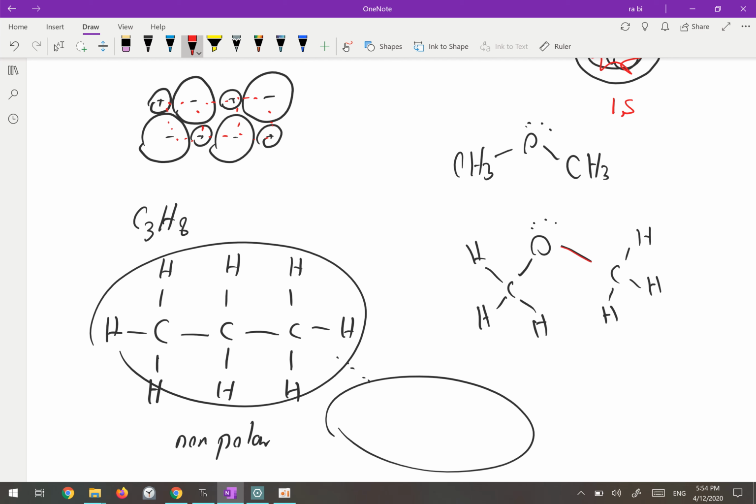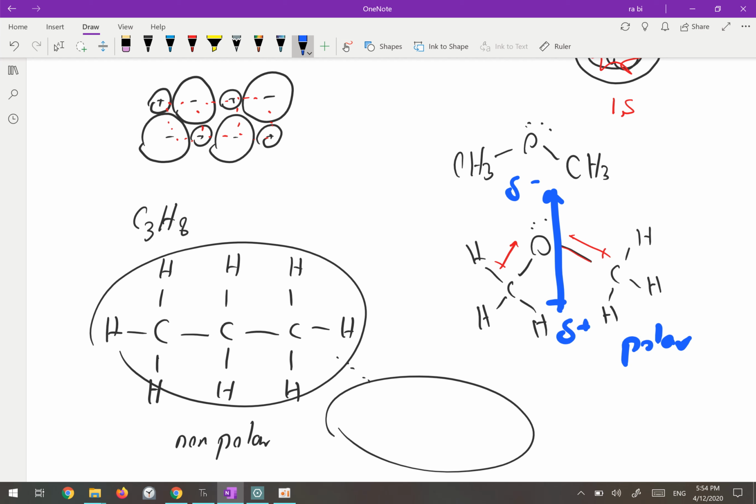Okay, the polarity of this bond is in this direction, the polarity of this bond is in this direction, so the molecule becomes polar. Around the oxygen you have partially negative, and around the CH3s you have partially positive. It's somehow like the water molecule.